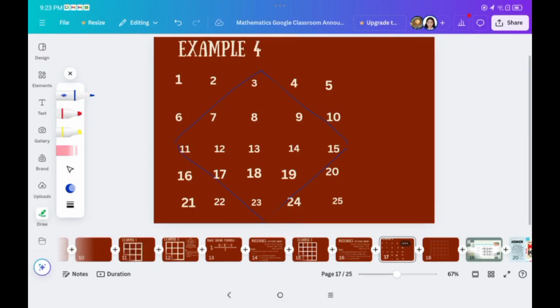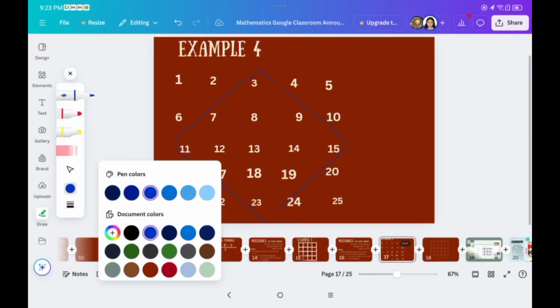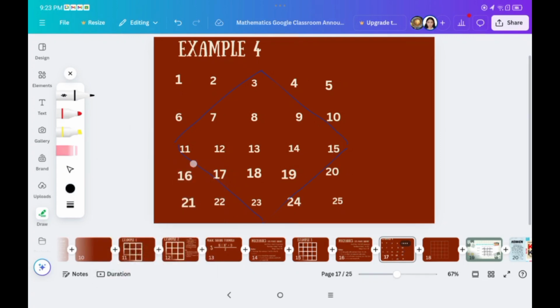At maglalagay tayo ng lines na diagonal like this. At isa pang diagonal.